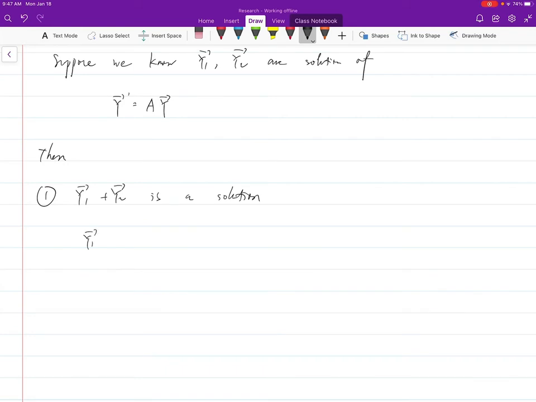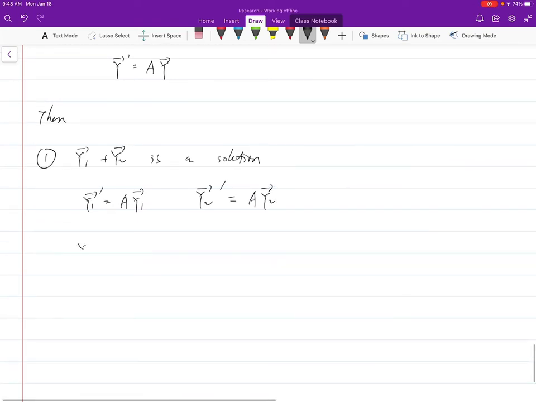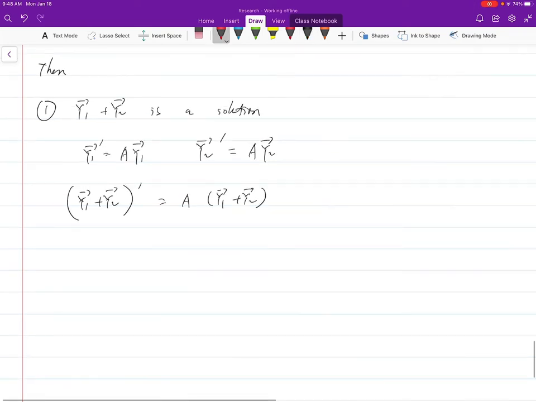Very easy to check. If y1 prime already equals A y1, and y2 prime already equals A y2, then very easily (y1 plus y2) prime equals A (y1 plus y2), which means this thing here satisfies that its derivative equals A times itself.